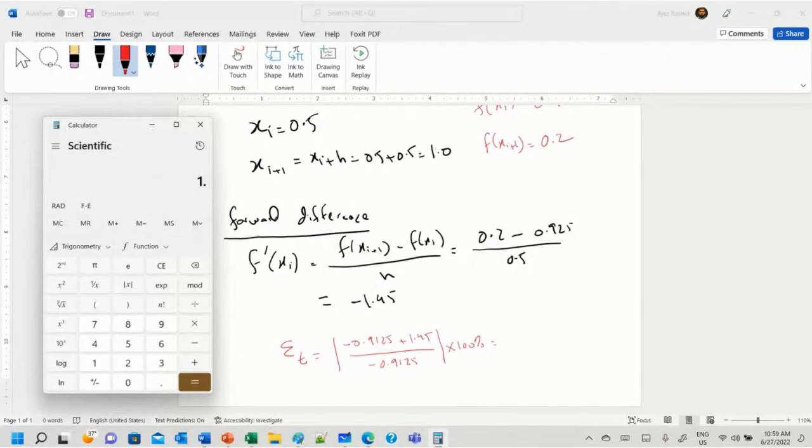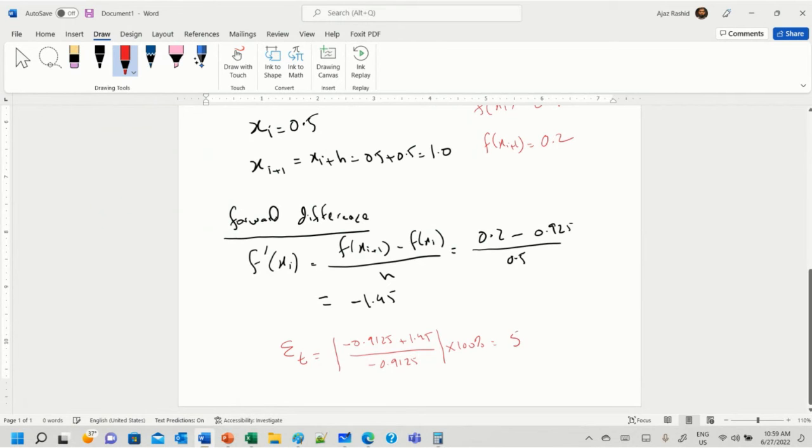So 1.45 minus 0.9125 divided by 0.9125. So we get 58.9% error.